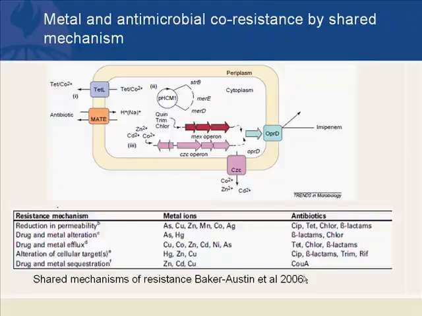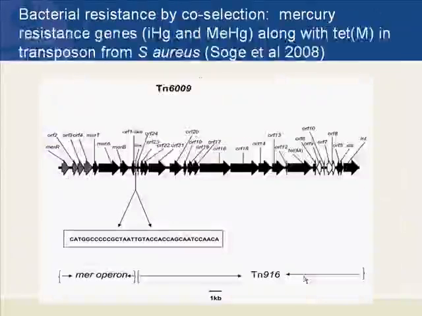However, there is another mechanism, and that has to do with co-selection. Mercury resistance genes, that is the separate genes for both inorganic and methylmercury, can in fact be located on transmissible genetic elements which also contain genes for antibiotic resistance. And this is just a representation of one of these. Here's one of the mercury resistance genes.